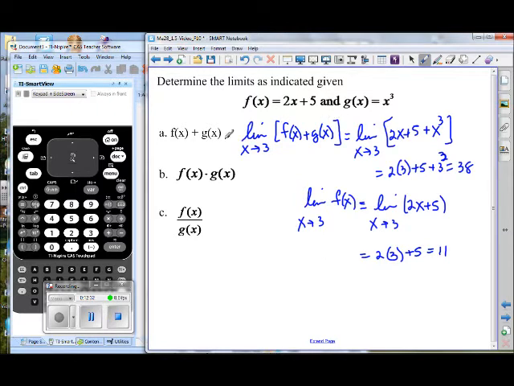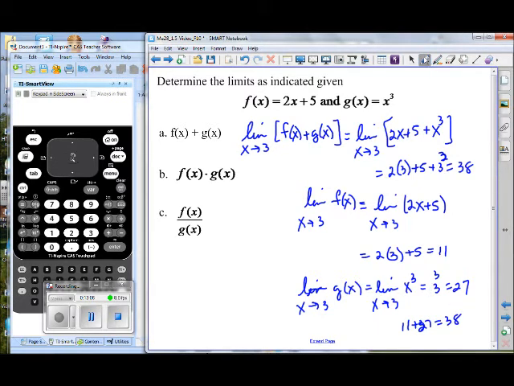My other function, though, is g of x. So I say the limit as x approaches 3 of g of x. That's the same thing as the limit as x approaches 3 of x cubed. And that would be 3 cubed, or 27. And if I add 11 and 27, I do in fact get 38. So 11 plus 27 equals 38.